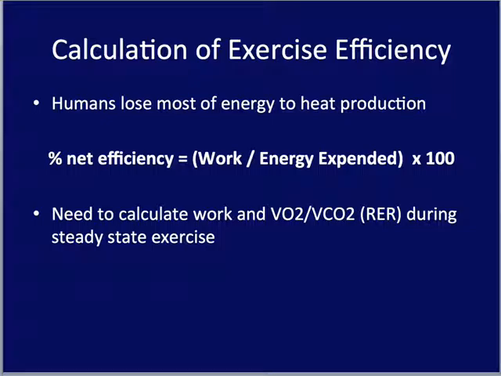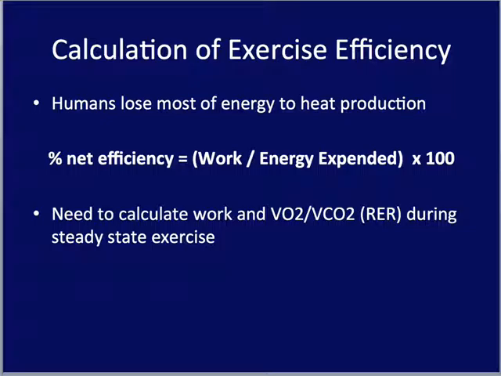So we can look at our efficiency in terms of work divided by the energy expended, how many kilocalories we were using, and then multiplying that by 100, then we can get a percentage. So it's just how efficient somebody is, or how the human body is.